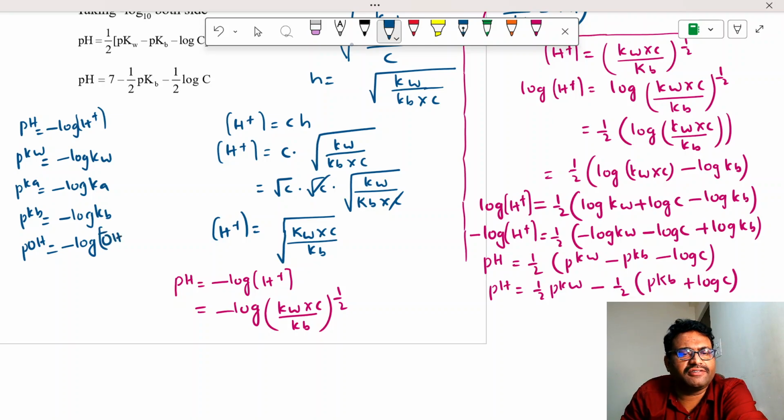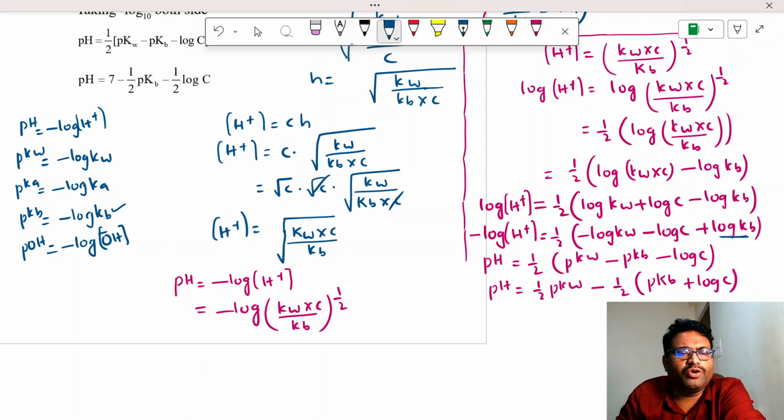These things we have to know. From these, see, minus log Kb is equal to pKb, so log Kb will be equal to minus pKb.